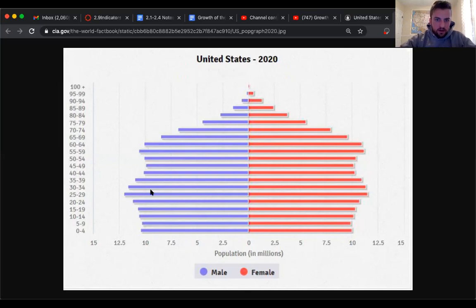And then down here, the 25 to 29 and 30 to 34, those are also quite large. So in theory, the younger generation is going to help support the older generation as it begins to age out. And then there's a few population dips in here.